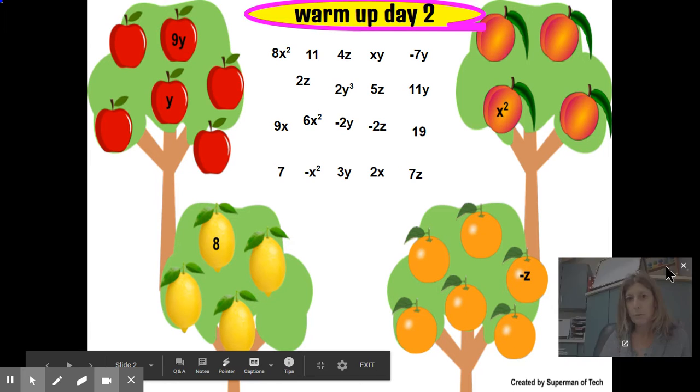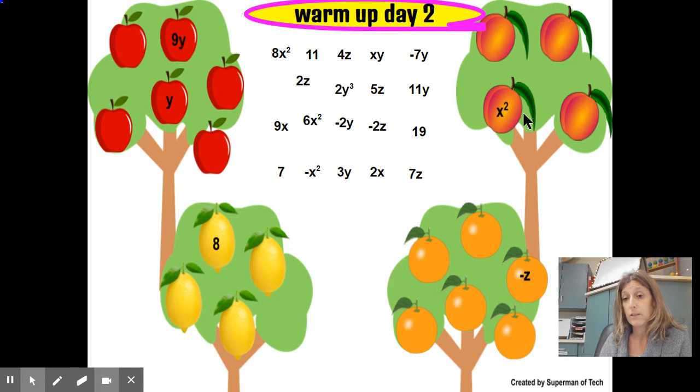Okay, if you did do your warm-up, this one was a drag and drop of like terms, just a quick reminder. Here we have a tree full of y's, so we would put all the y's here. We cannot combine x and x squared. They have to have the same exponent.